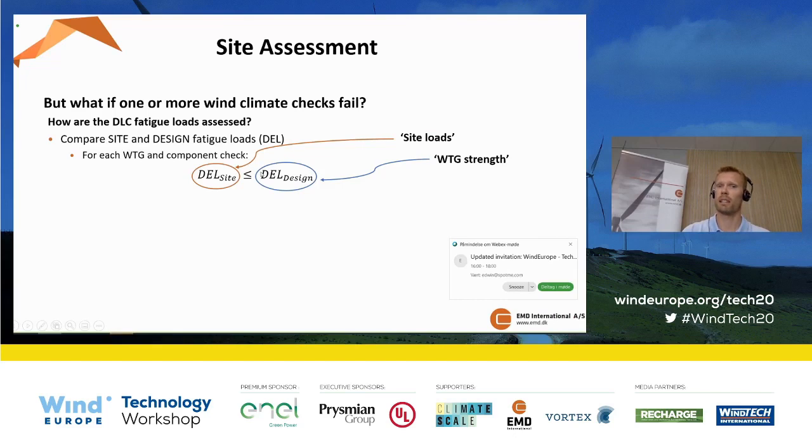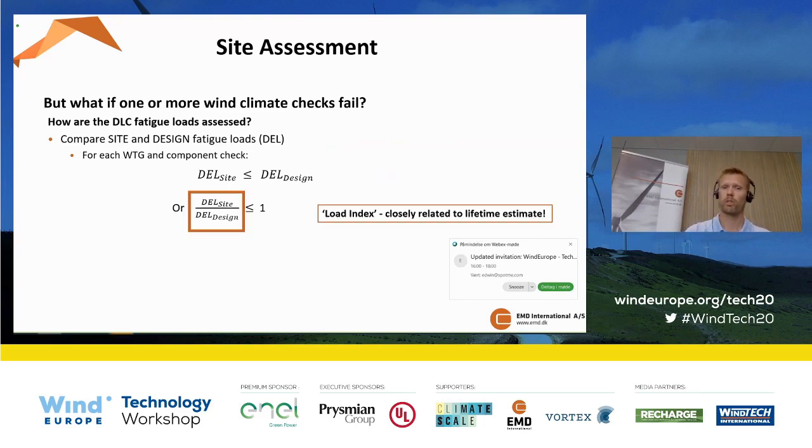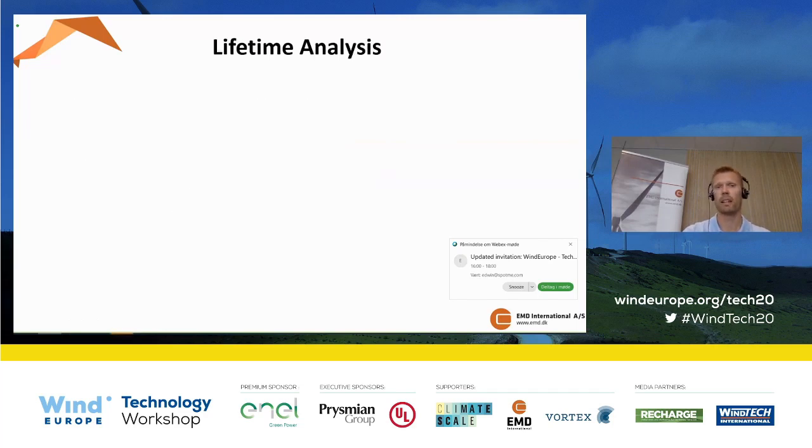So the DEL design here represents the strength of the turbine. We can also take the ratio. We call that the load index, and obviously this ratio needs to be equal to or less than 1 for the loads to be okay. So it turns out that this load index is closely related to the lifetime estimate. So I'll get back to that later. But it's a perfect opportunity to shift to the next topic, which is lifetime analysis.